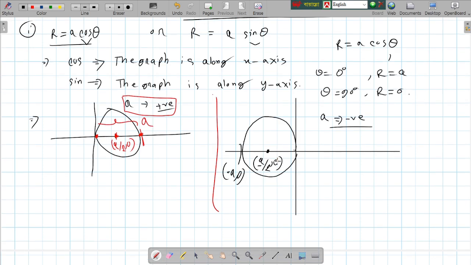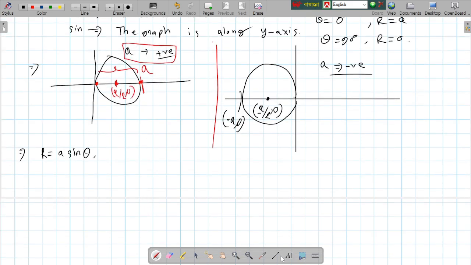Now the equation is in the sine case. If r equal a sin theta, and a is positive, sine means this graph lies along the y-axis.